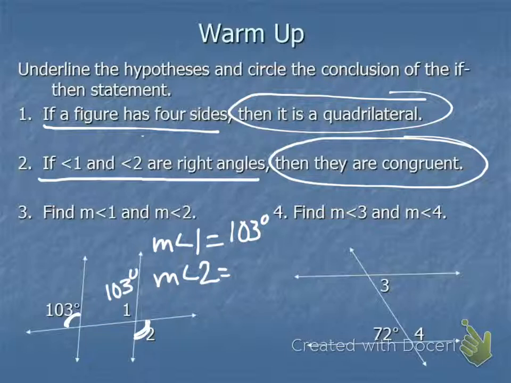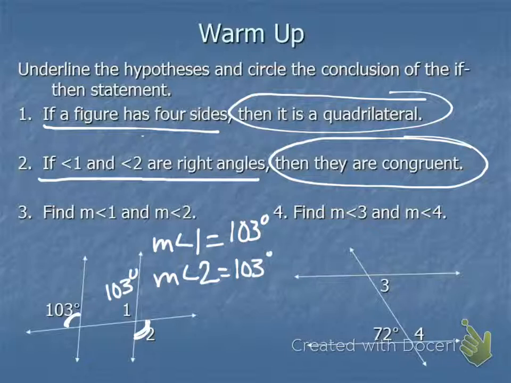Alternate exterior. What do we know about alternate exterior angles? Right. What do we know about their measures, though? They're the same. So this one is also 103 degrees.